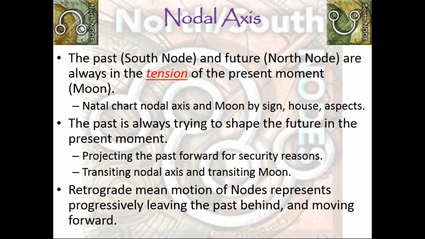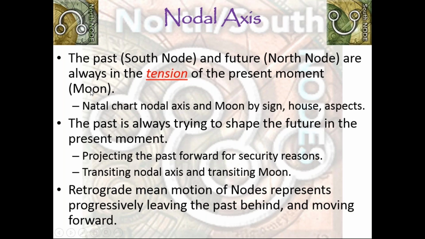Now, the nodal axis is always operating simultaneously. And how did EA describe this? The past, or South Node, and the future, North Node, are always in the tension of the present moment, the Moon.